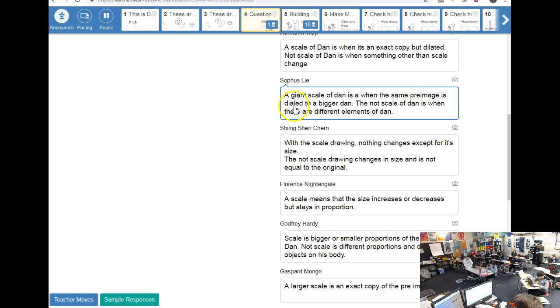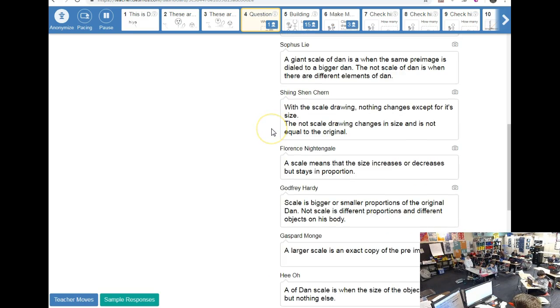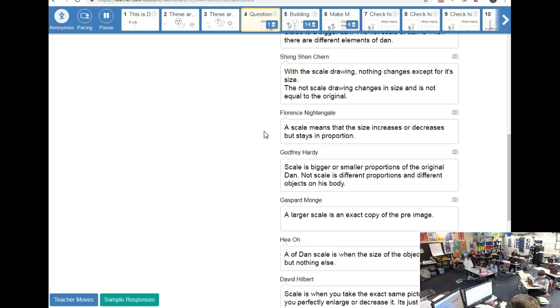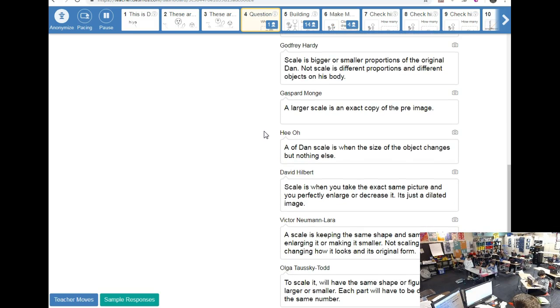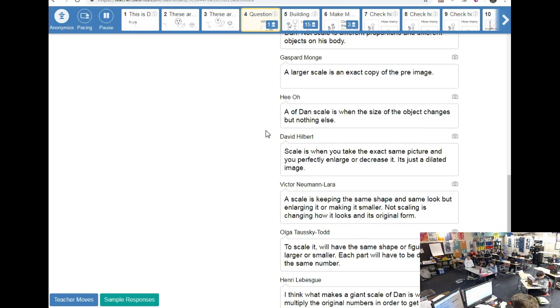Now be careful, this should be dilated to a bigger Dan. Ooh, perfectly enlarge or decrease it. It's just a dilated image.